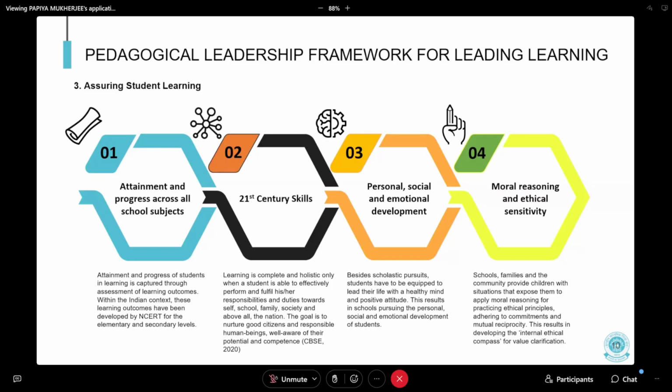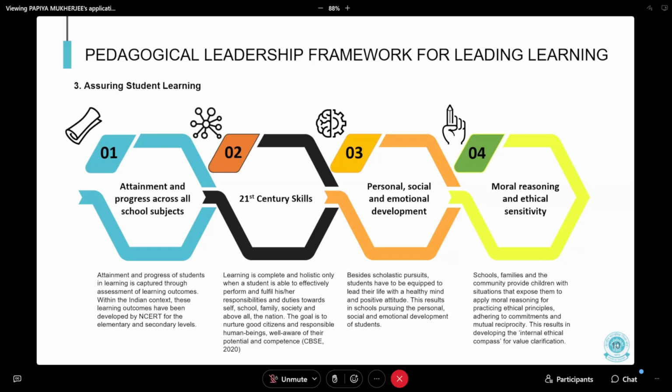For this, every one of us wants to nurture our students to be good citizens, good and responsible human beings, well aware of their potential and competencies. This is what has been desired by CBSE.